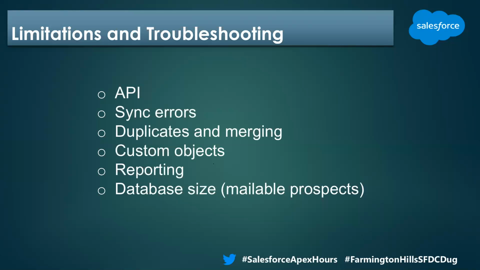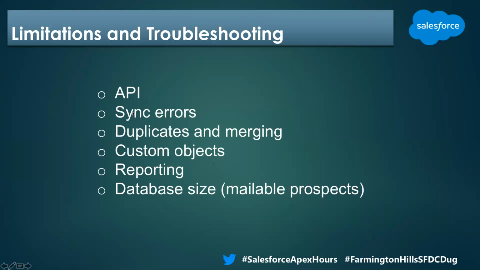In most cases, if you're looking to use the Pardot API, it's probably not the right solution. And in fact, most API integrations will actually go through Salesforce instead of Pardot. So just be aware of that. It is possible to use it, but it's not particularly flexible.